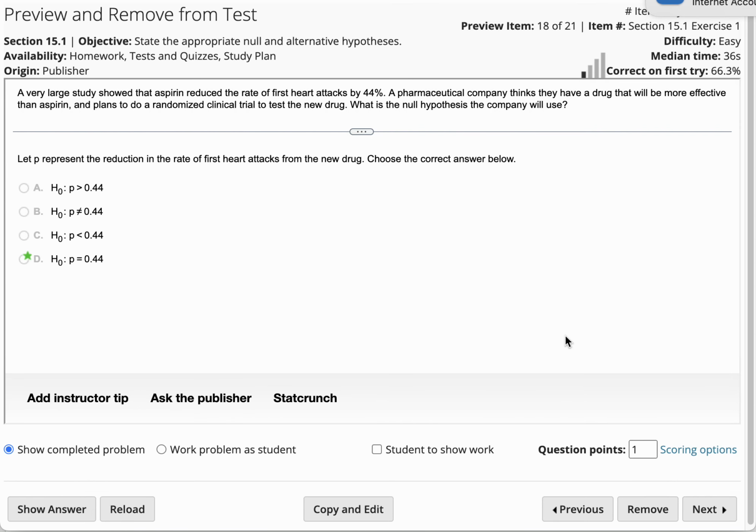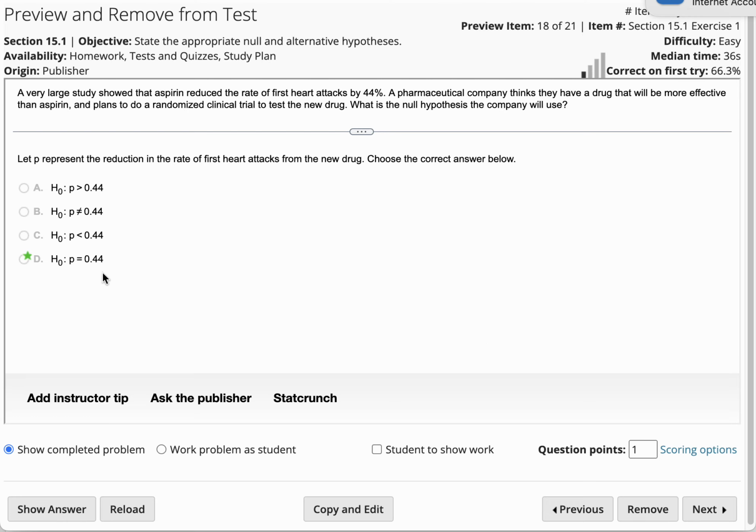A large study of aspirin showed that aspirin reduced the first heart attack by 44%. A pharmaceutical company thinks they have a drug that's more effective. What null hypothesis should they use?